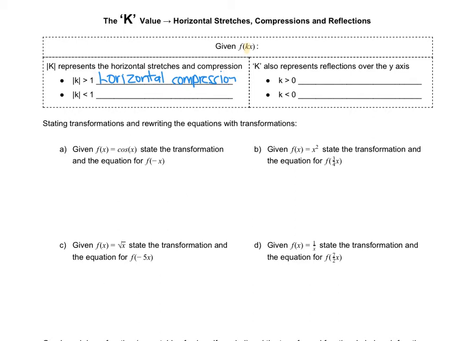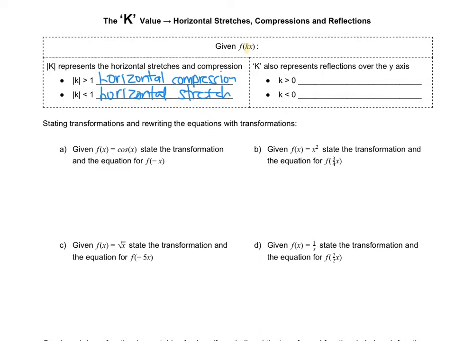So you want the factor to be less than 1. And then if the absolute value of k is less than 1, then you actually have a horizontal stretch. And again, by a factor of the reciprocal. So let's say your k value is 1/3. The actual stretch factor is 3.